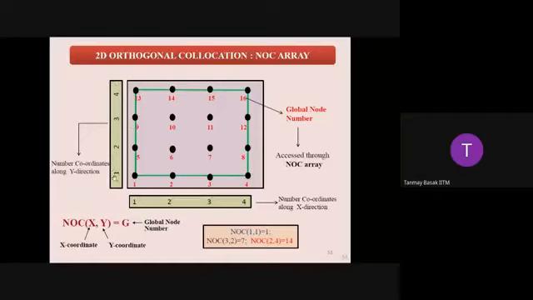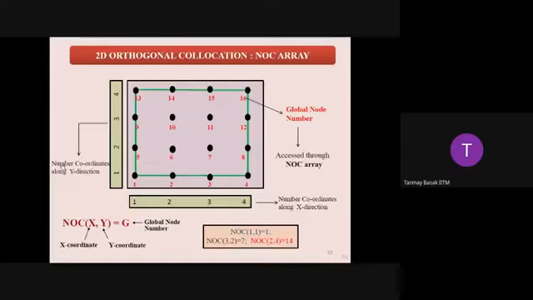Here I put 1, 2, 3, 4. These are the numbers of collocation points in the y direction, and these are the numbers of collocation points in the x direction. I also call them number coordinates. Previously we introduced the NOP array and learned how the element number, local node number, and global node numbers are related.